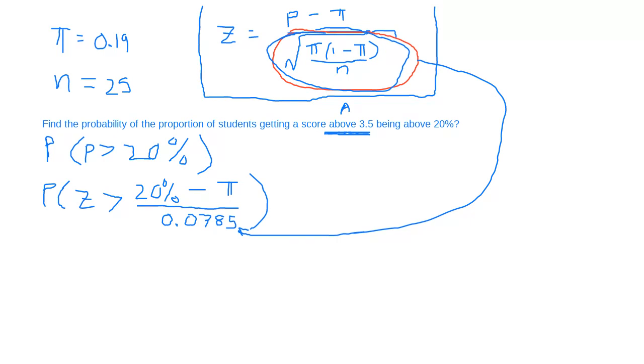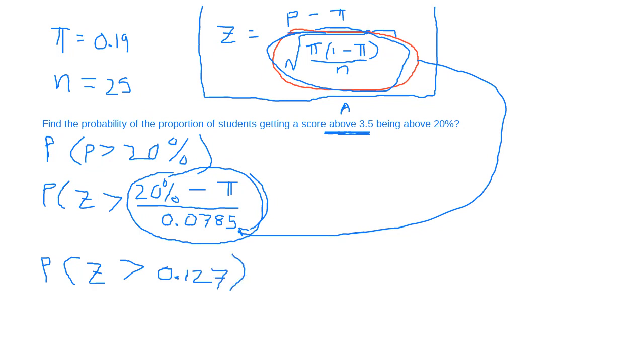Pi is 0.19. So if I substitute 0.19 or 19%, what do you get? Anyone? 0.12. Yes, if you round it, I think it's 0.127. Well, it's fine. So Z is greater than 0.127.